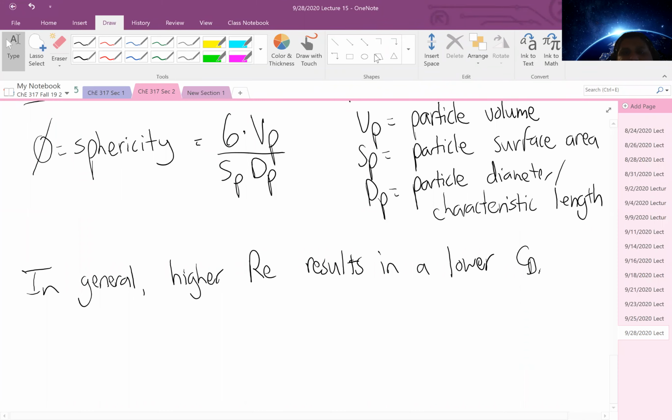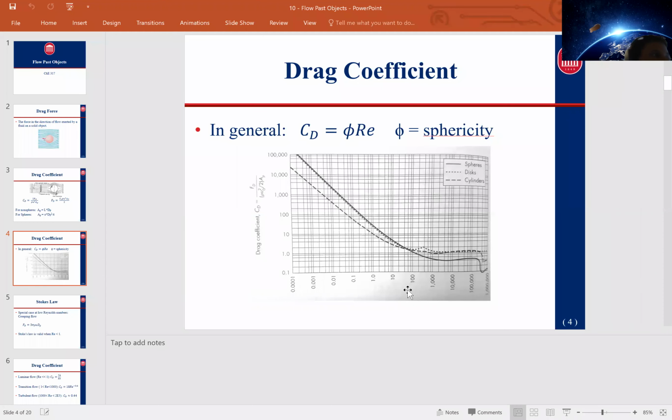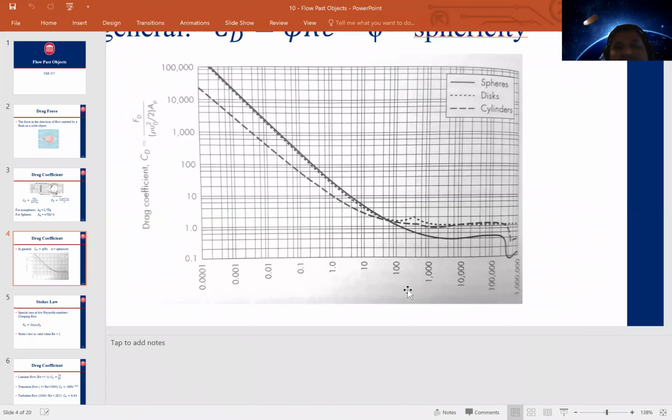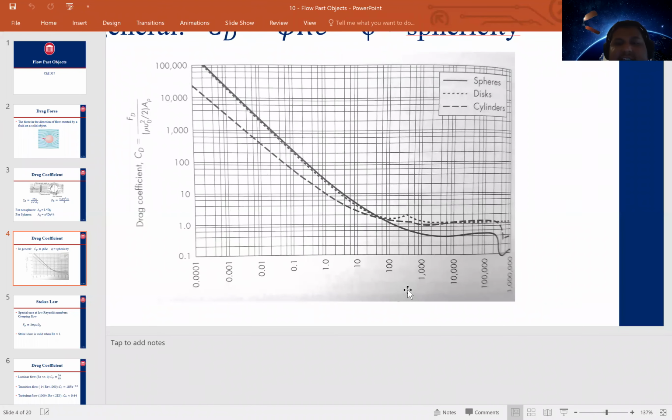And we can visualize that by looking at this figure, which is figure 7.3 on page 158 in your text. And we see that for a given Reynolds number, which is shown on the x-axis, our drag coefficient falls dramatically.